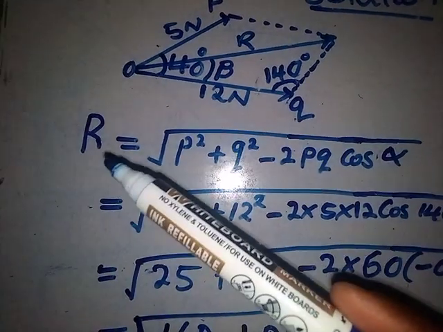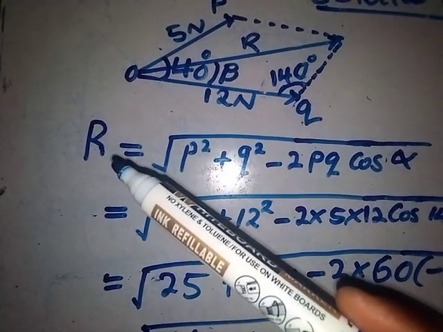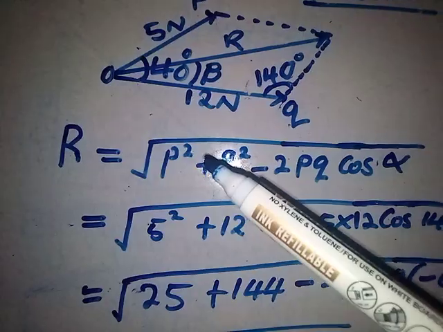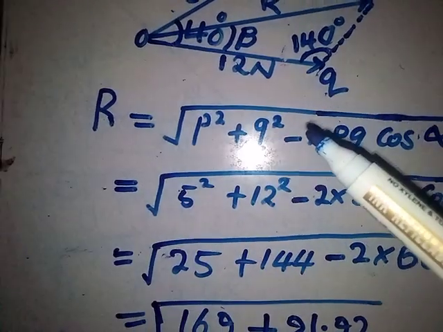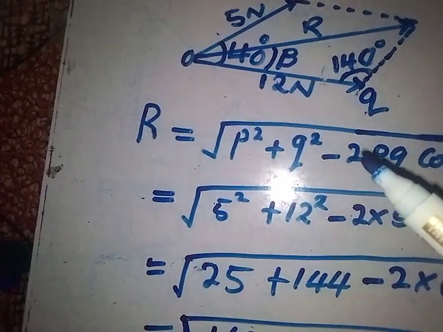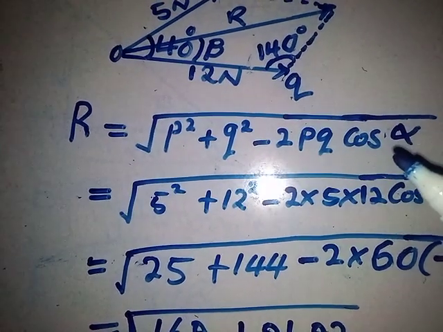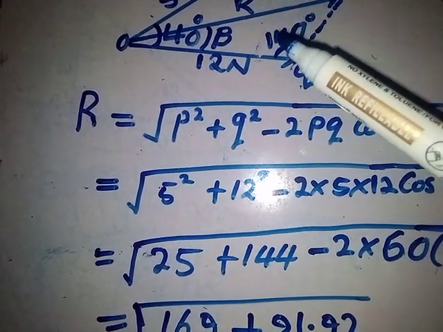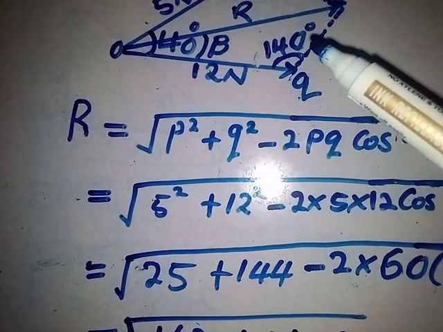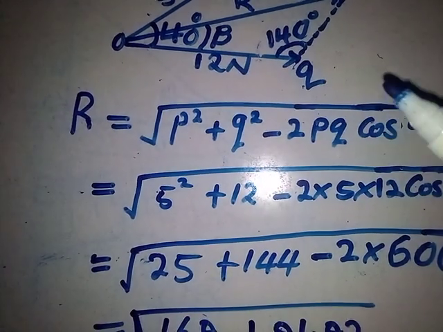All right, so let's go. Here R, from the cosine rule, is equal to P squared plus Q squared minus 2PQ cos alpha. The alpha here represents the supplement of the given angle 40.